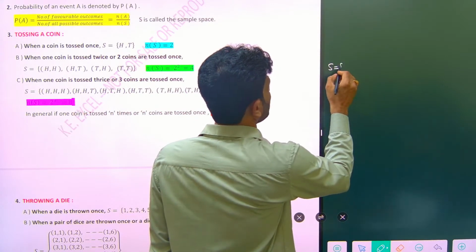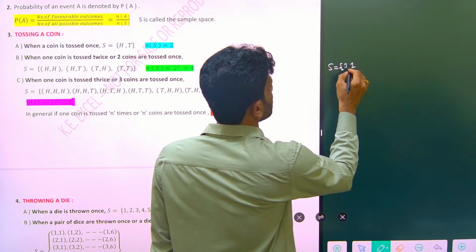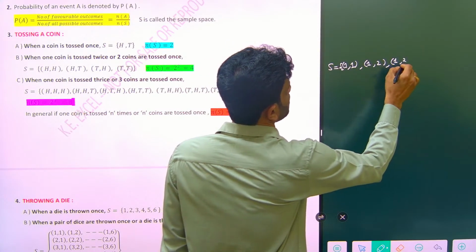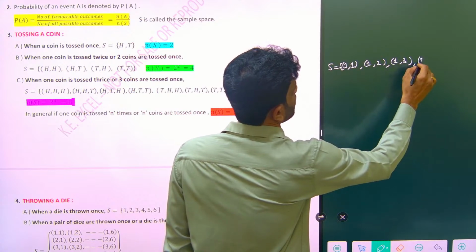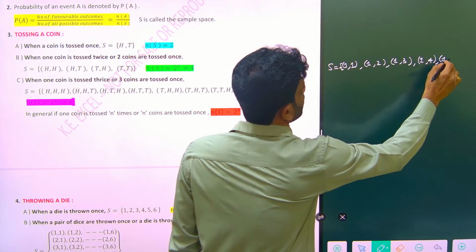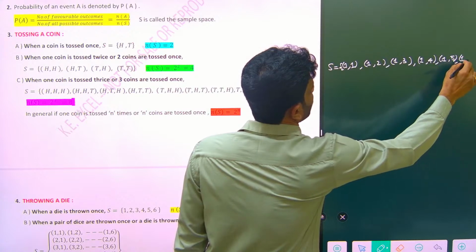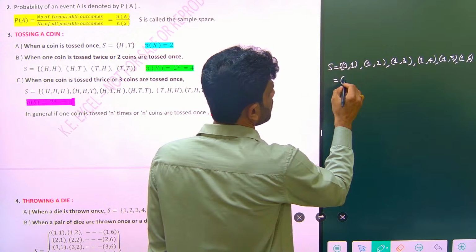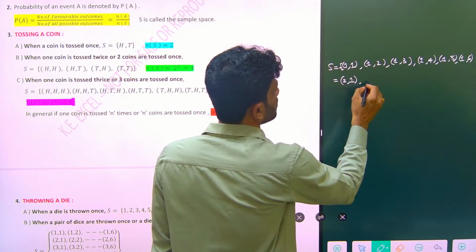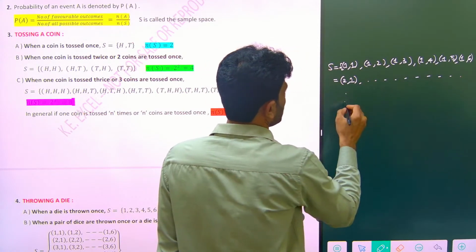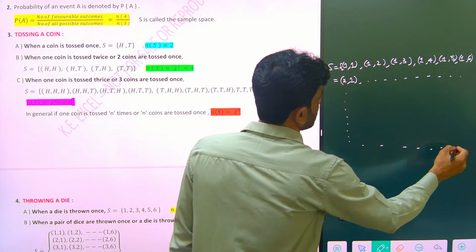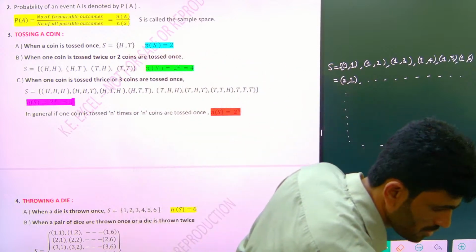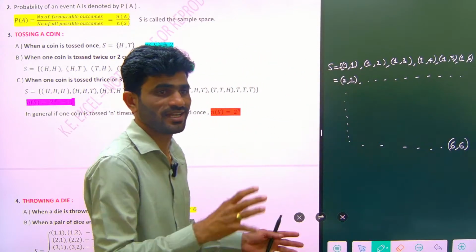From (1,1) we start: (1,2), (1,3), (1,4), (1,5), (1,6). The next one will be (2,1). So on I am writing. Like that, you have an idea about what all will come in this. All 36 will come.